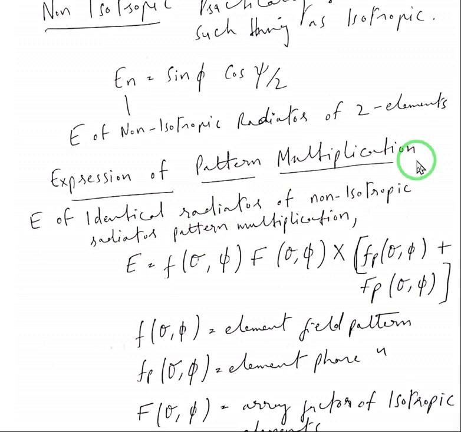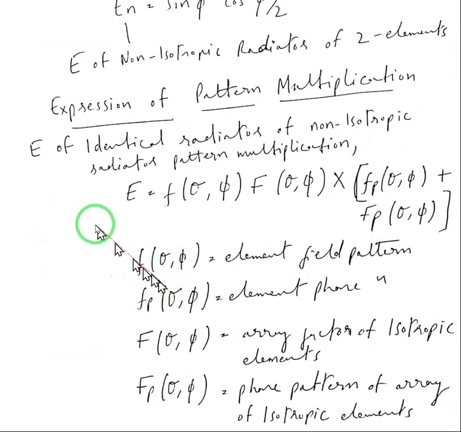Basically, if we are combining more than one radiator or antenna, or array antennas, then the antennas that are combined to make a single antenna also have their radiation patterns multiplied with each other, and the expression for this multiplication is discussed further. Electric field of identical radiators, non-isotropic radiator pattern multiplication.